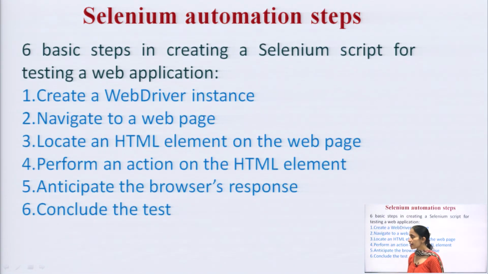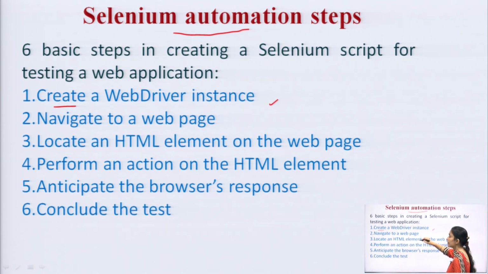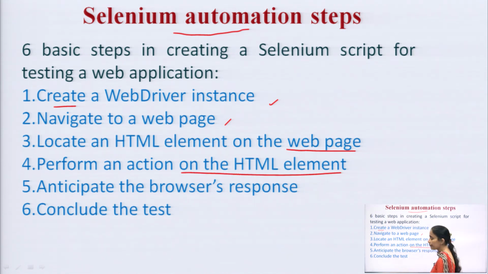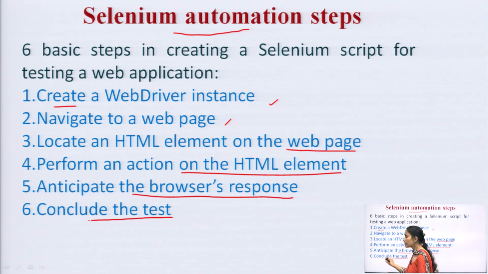One of them, as I said, is Selenium. So let us discuss what steps Selenium takes for testing a script on a web application. The first step is to create a WebDriver instance, then navigate to a web page, then locate an HTML element on the web page, then perform an action on the HTML element, then anticipate the browser response and then conclude the test.